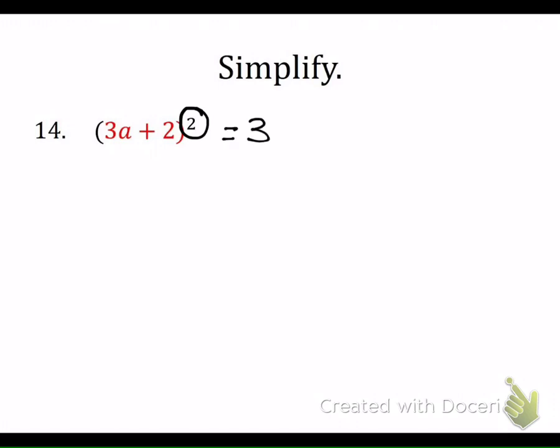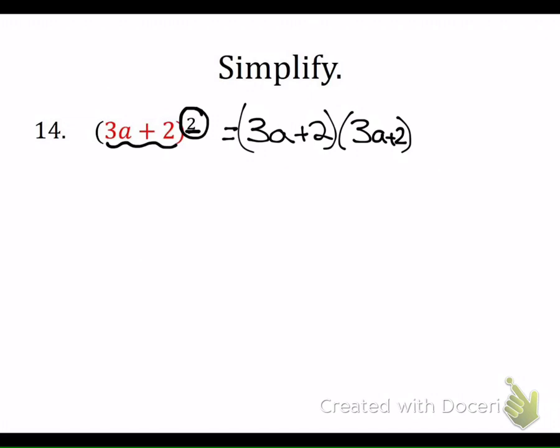So this is the same thing as this. It is not the same thing as that, like we've been doing. That's what you do if what's in parentheses is a monomial. We cannot do that here. It is not allowed. This just means I have both of these terms multiplied twice. So write it out twice and double distribute.